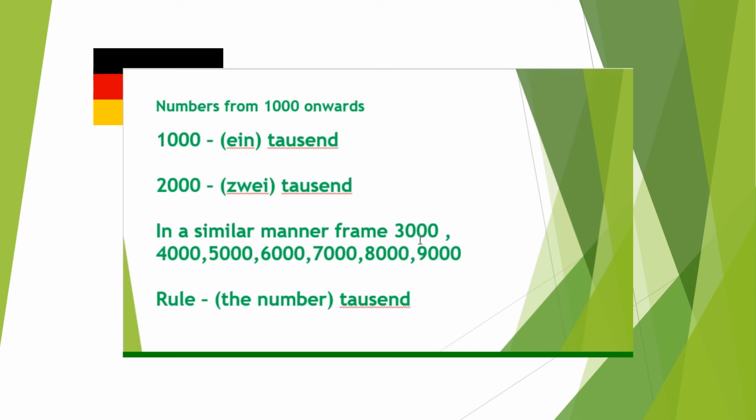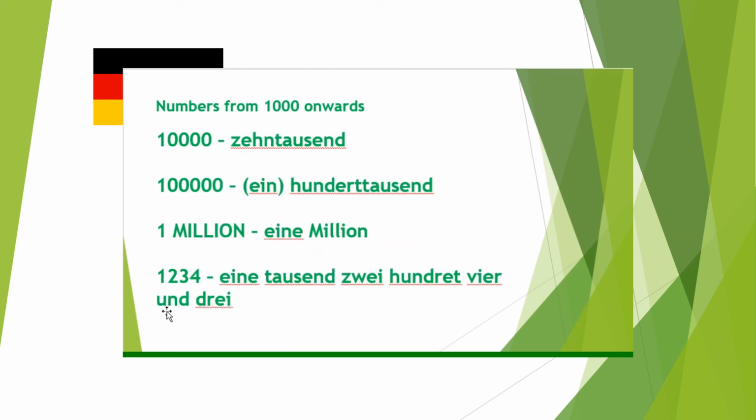So the rule is the number, then tausend. Numbers beyond that: 10,000 is zehntausend, 100,000 is hunderttausend, and 1 million is eine Million.